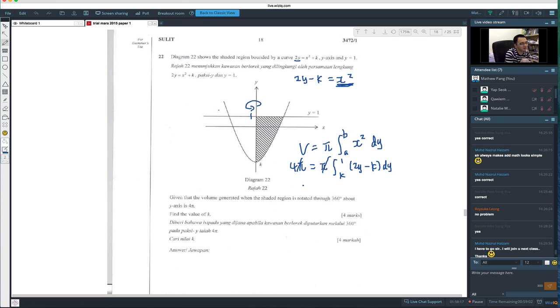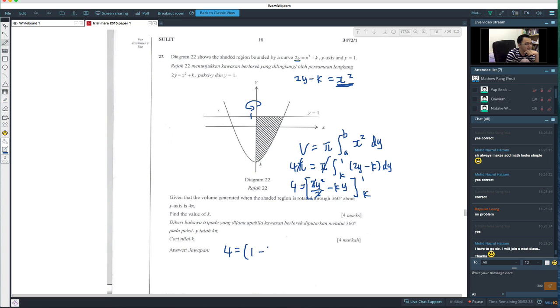So therefore, I will integrate this one. Here left 4. I integrate this one, I will get basically 2y squared over 2. I integrate k, I get negative ky. And the whole thing will be from k to 1. Alright, then 2 and 2 I can simplify, obviously. So this one, 4 equals, I substitute 1 first.